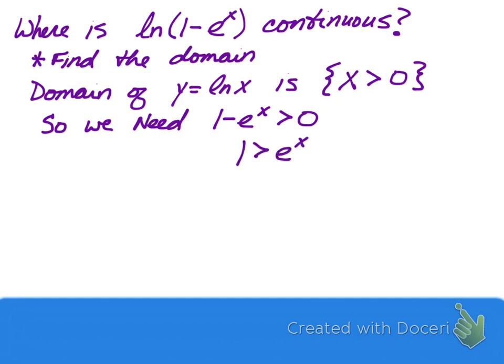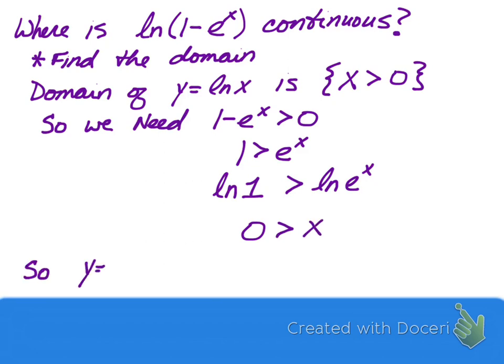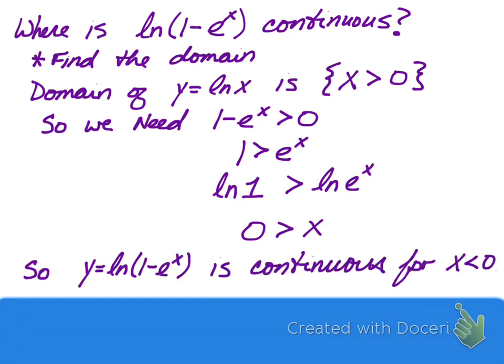So that means 1 is greater than e to the x. Undoing e to the x by taking the natural log of both sides, we get 0 is bigger than x. So y equals the natural log of 1 minus e to the x is continuous for all x less than 0. And that would be, in interval notation, negative infinity to 0, parenthesis, because we do not include x equals 0. And that is continuous functions.